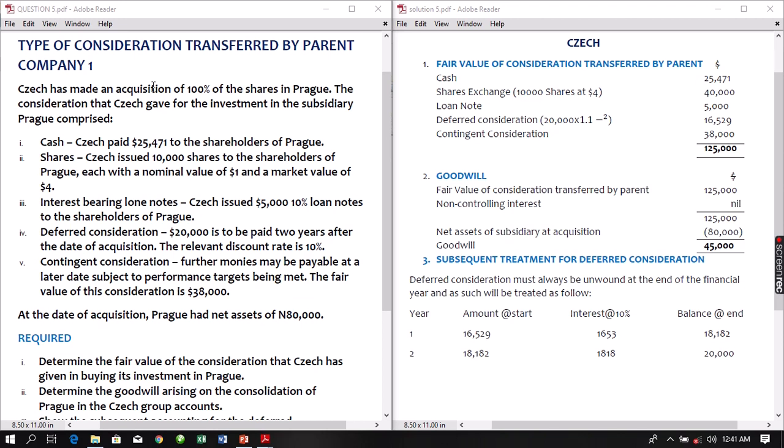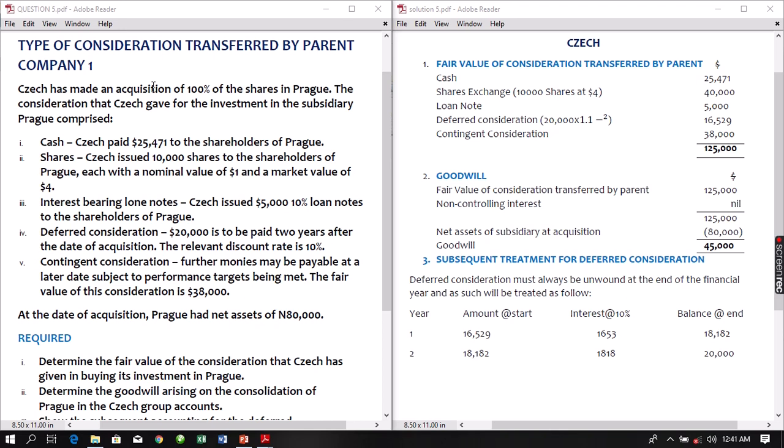Further monies may be payable at a later date, subject to performance targets being met. The fair value of this consideration is $38,000. At the date of acquisition, Prague had net assets of $80,000. Required: determine the fair value of consideration that Czech has given in buying its investment in Prague.